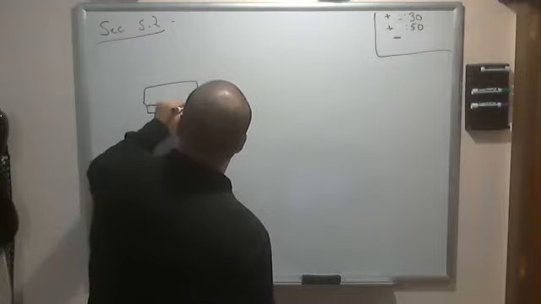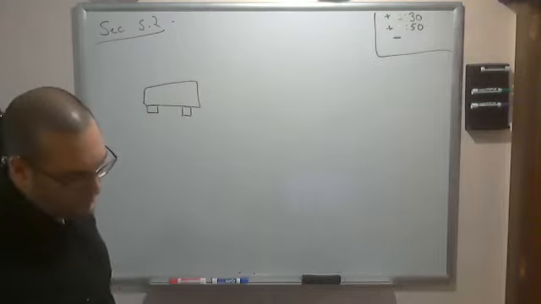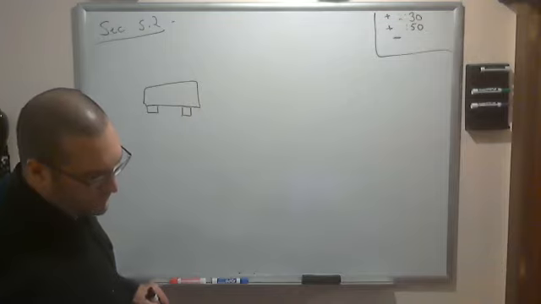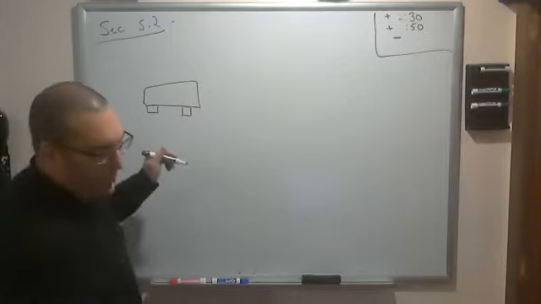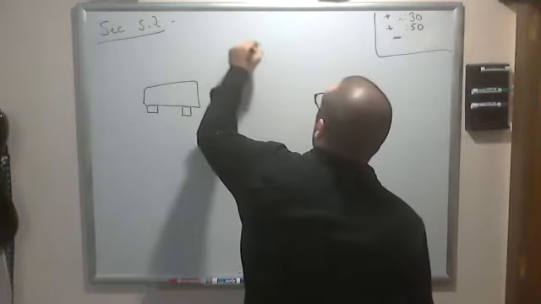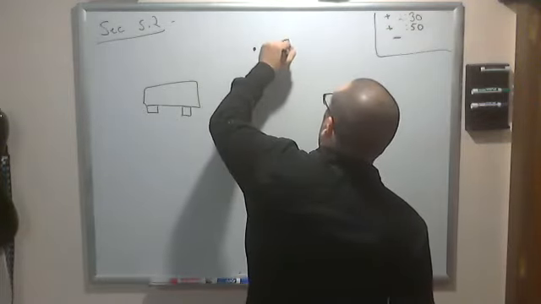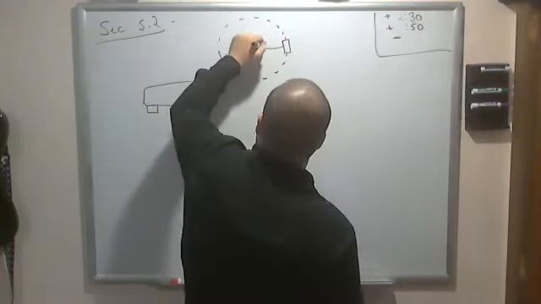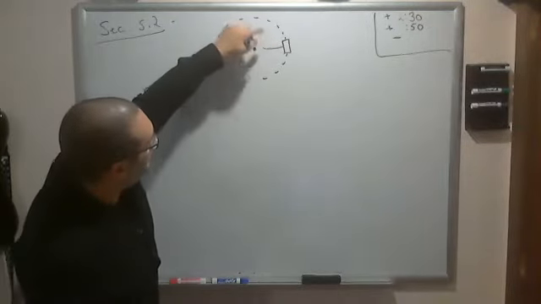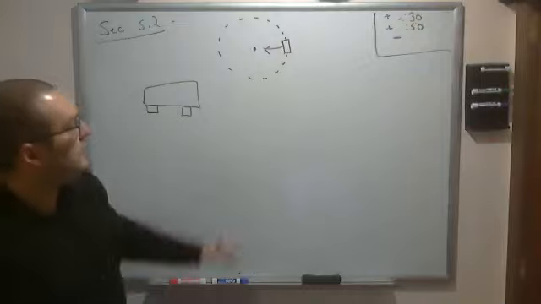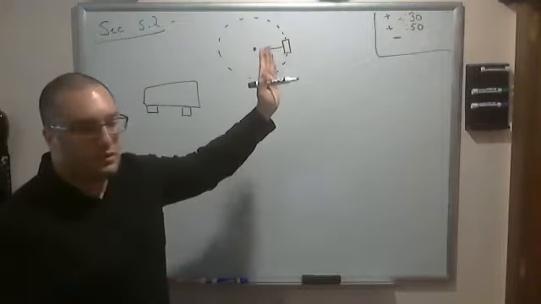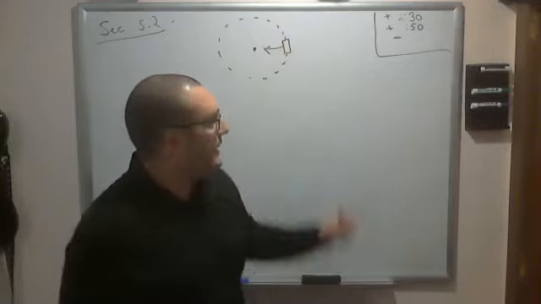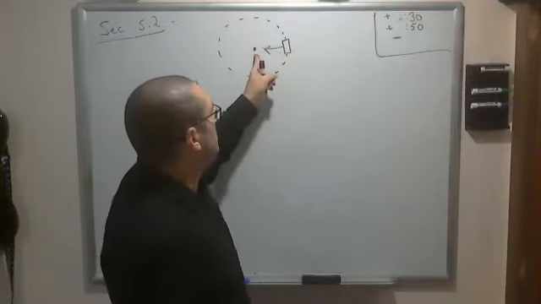Now, let's say when the car goes around a circular track like this, for it to stay along this path, it needs some kind of centripetal acceleration towards the inside, towards the center.